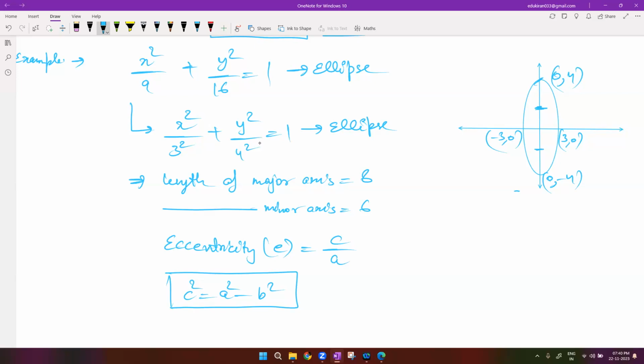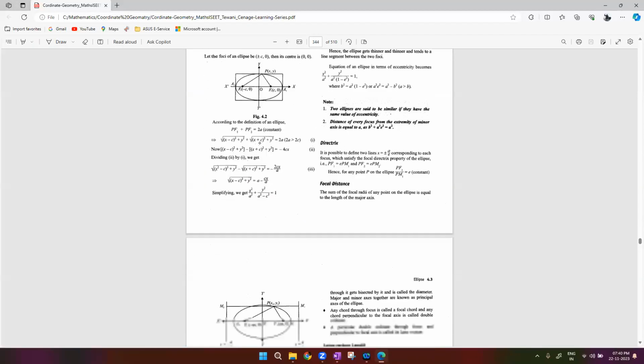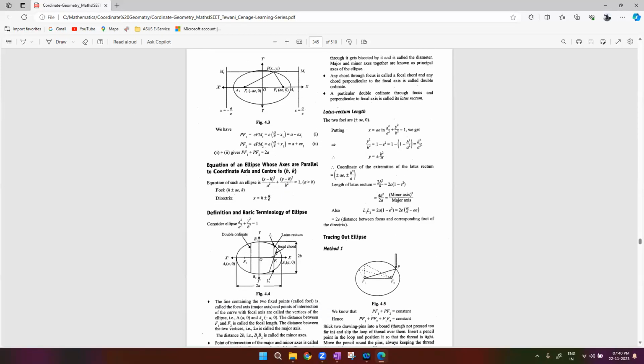And other than that, the last thing that we need to know is latus rectum. Sorry, double ordinate is a different thing and latus rectum is a different thing. A double ordinate is basically a line which is perpendicular to the axis. So you have multiple double ordinates in a parabola, ellipse or hyperbola, right?